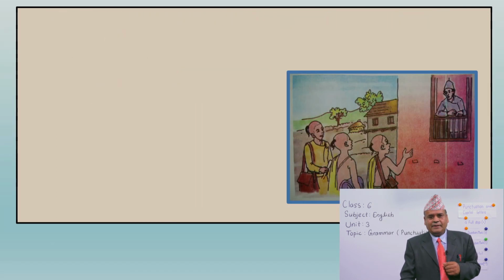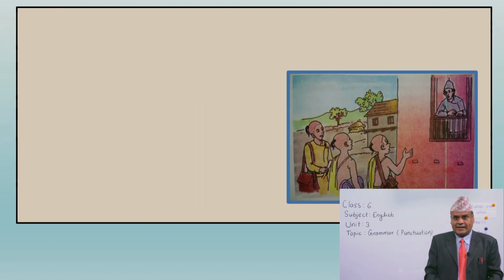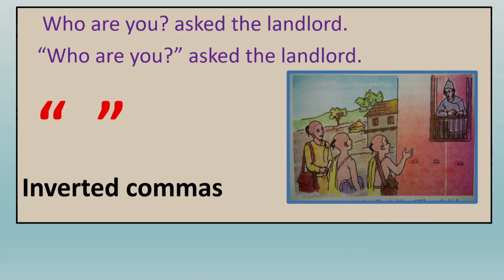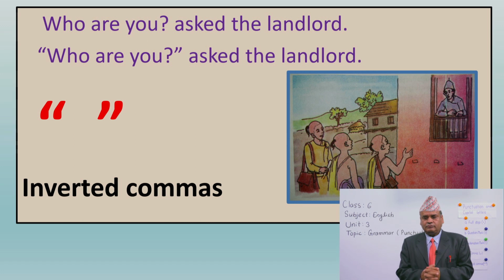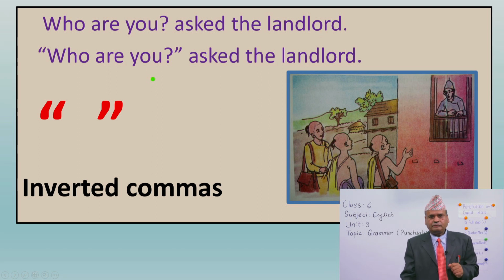So after this, let's look at the picture. Oh yes, that picture. So what do we see in the picture? Yes, three Brahmins and the landlord. In the first sentence, you see, "Who are you?" Just a question mark, right? Asked the landlord. But in the second sentence, you see something added there.